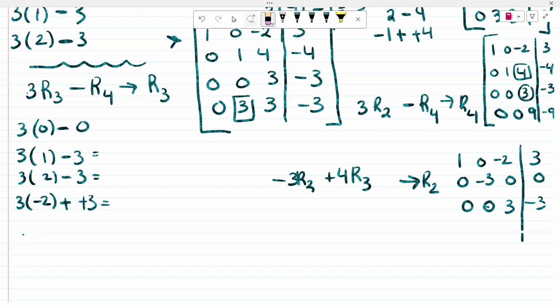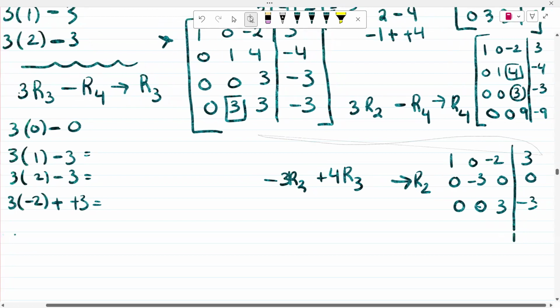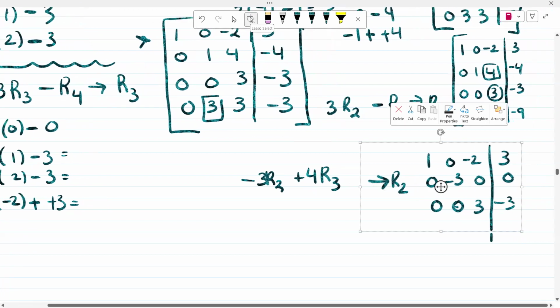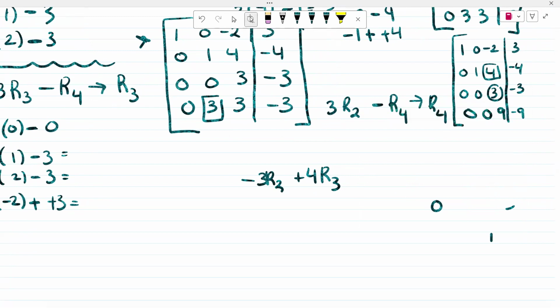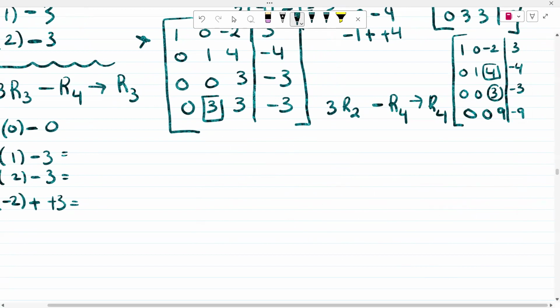So that's why I'm going to do it exactly in my notes. Okay, so I'm going to make this 9 right here into a 0. So how do I do that? So 9 is technically in row 4.